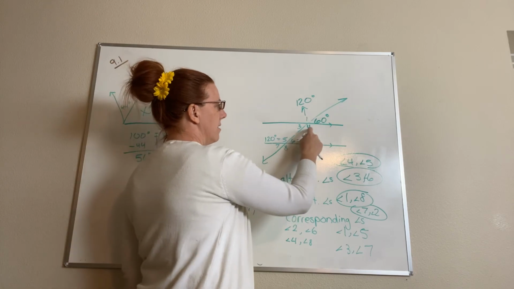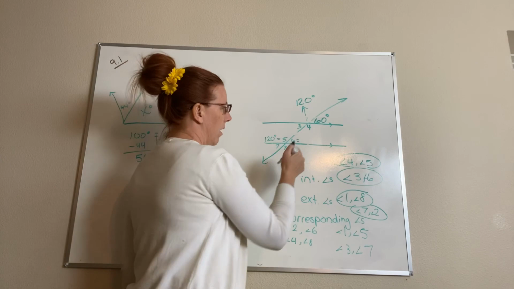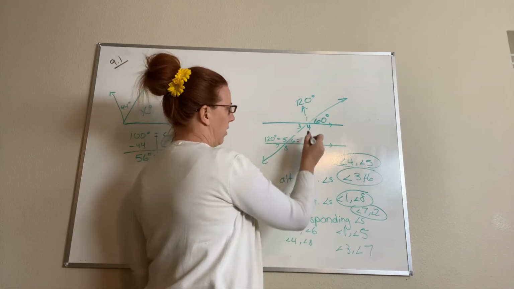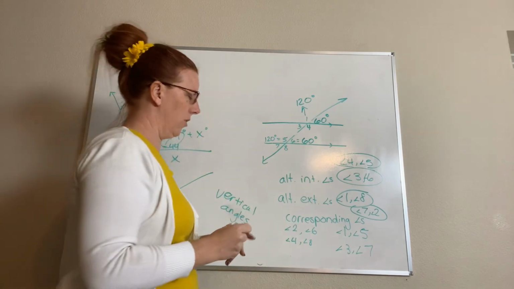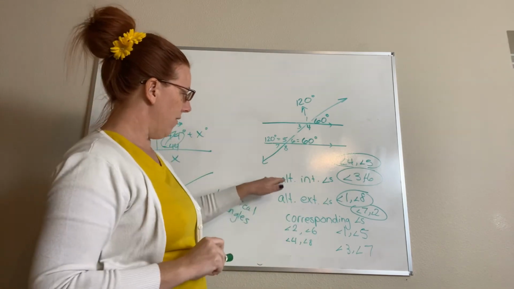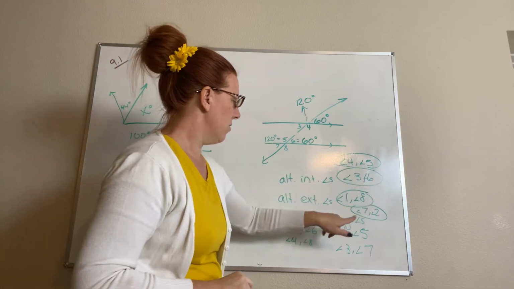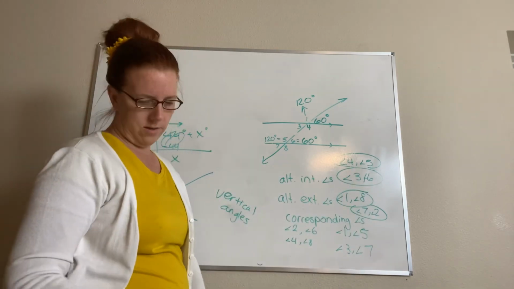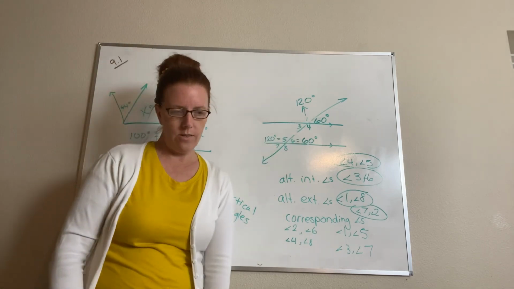Well, angle 6 is in the same position as that. They're both in the top right, and corresponding angles are equal. So if that's 60, then this is also 60 degrees. Okay? So you can use the fact that these are equal and those are equal to solve for missing angles. All right, so that's 9.1.